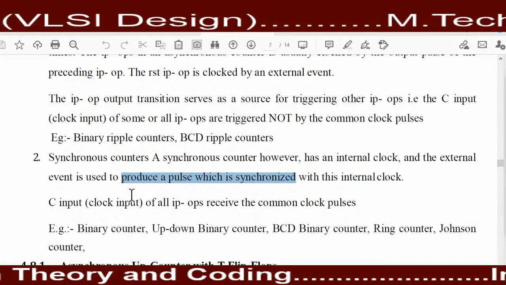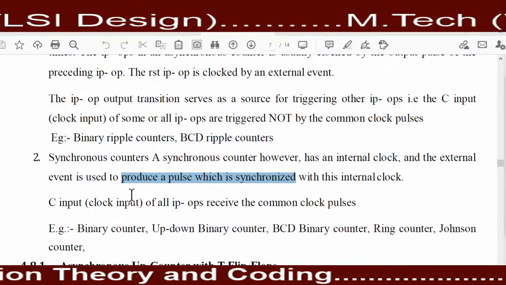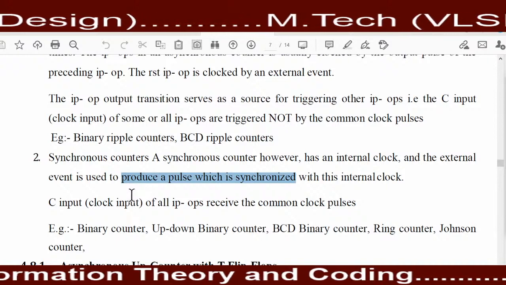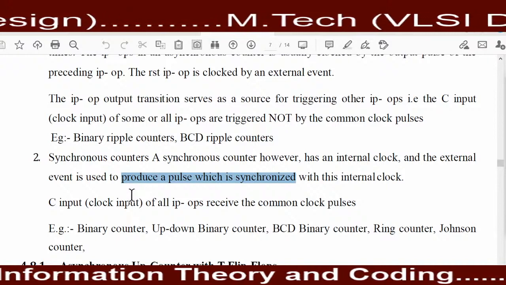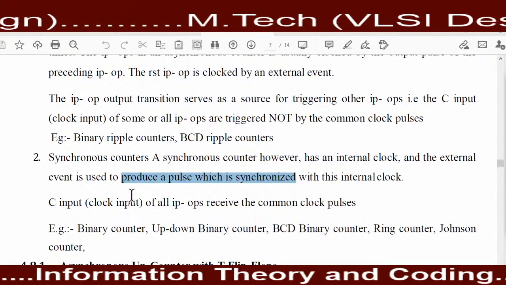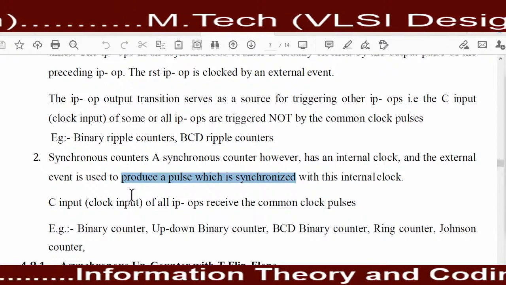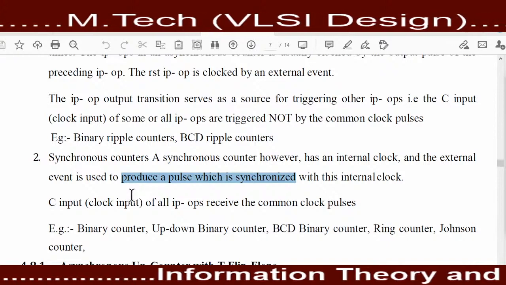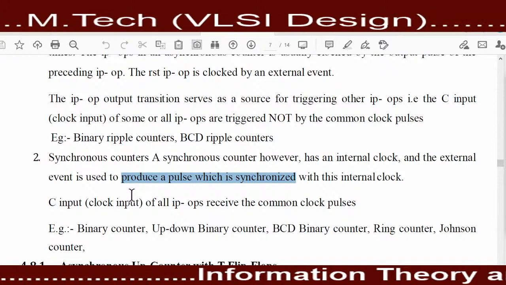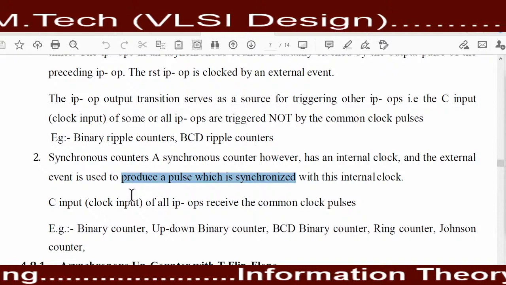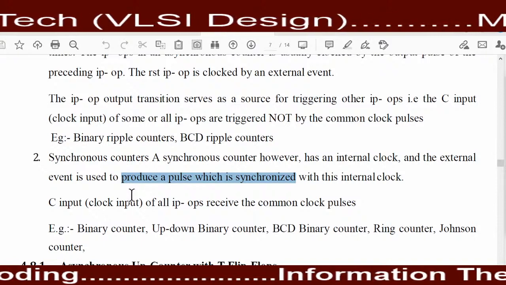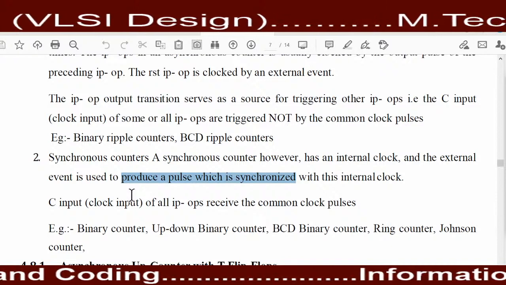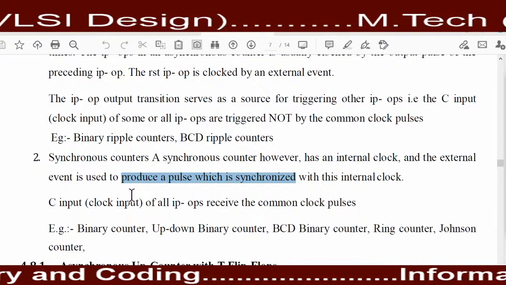And if the counter counts the clock pulses in descending order, then it is known as a down counter. And also, if we want to divide the counter on the basis of its clock pulse count, then we can divide counters into decade counter, octave counter, etc. These names are on the basis of their counting number.